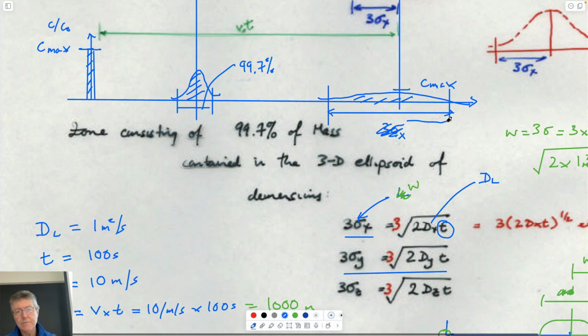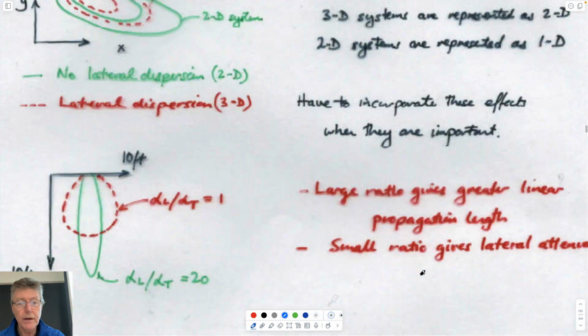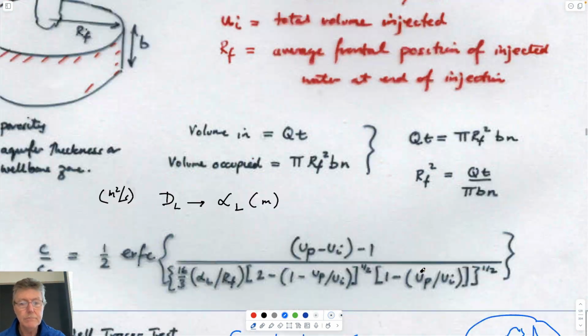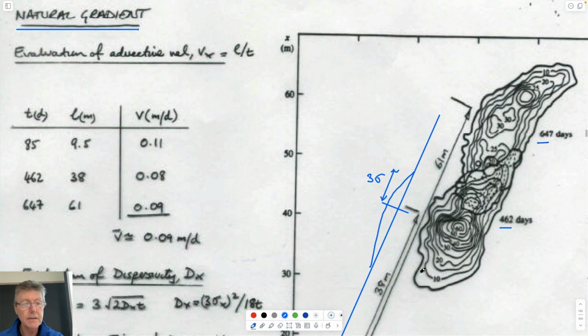It's just this length here, is 3 times the square root of 2 times D, this is D_L if it's in the longitudinal direction, and D_T if it's transverse, times t, and this is the time since you started your experiment. So we're just going to use that. And so this figure is set up in that particular way. Hopefully to do that.